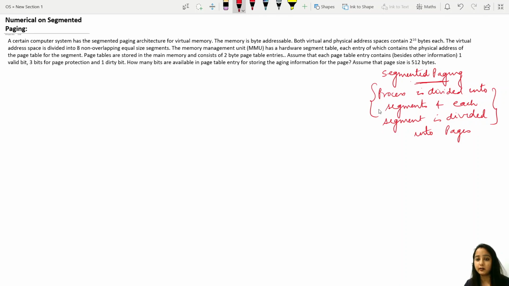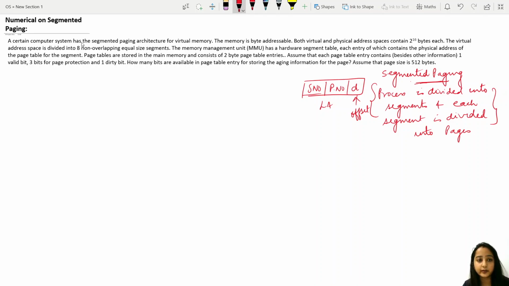So here the process is divided into segments and each segment is divided into pages. So we have the logical address as, here we have the segment number, then we have the page number, then we have the offset. So the logical address is the combination of this. So let me read the numerical based on this topic.